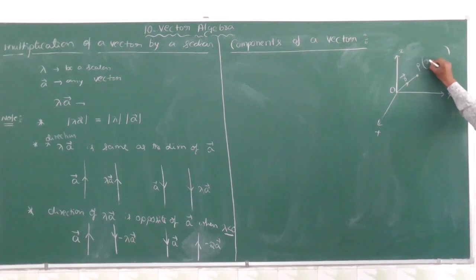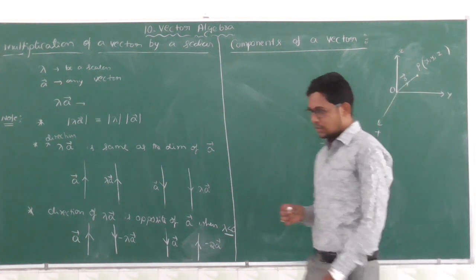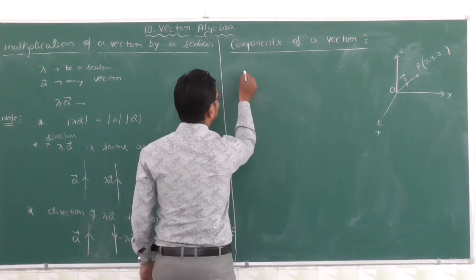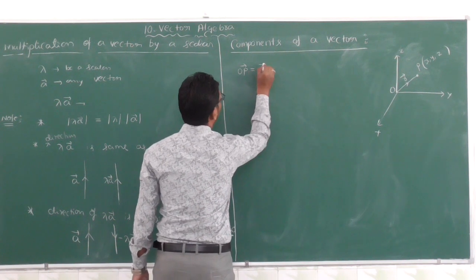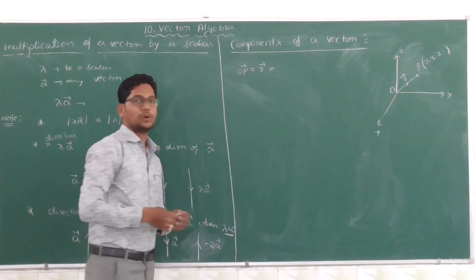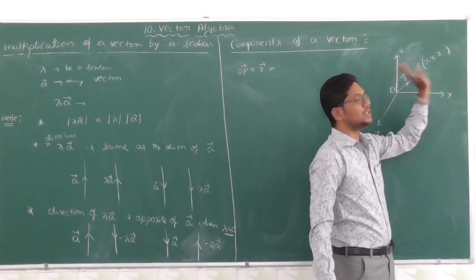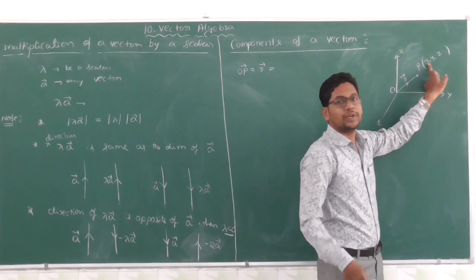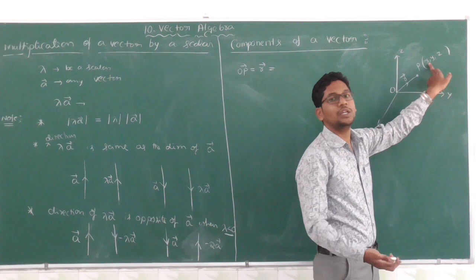X, y, z. Okay? Now, here I will take the position vector r equals to... see, we have the point x, y, z. I will take these coordinates in vector form.